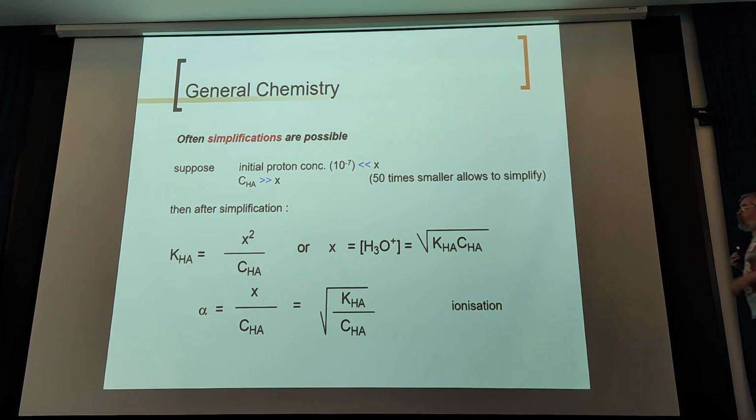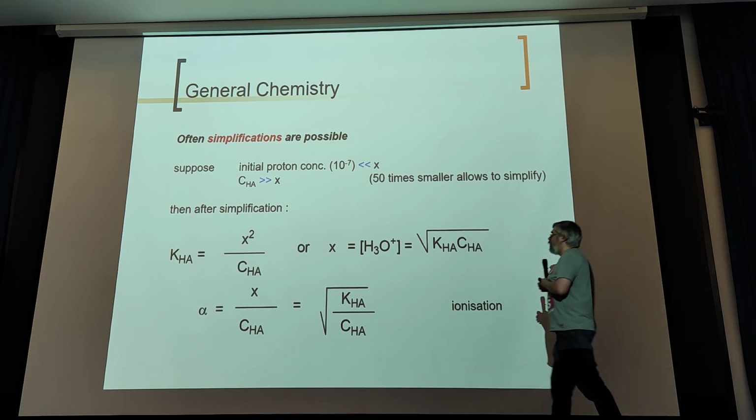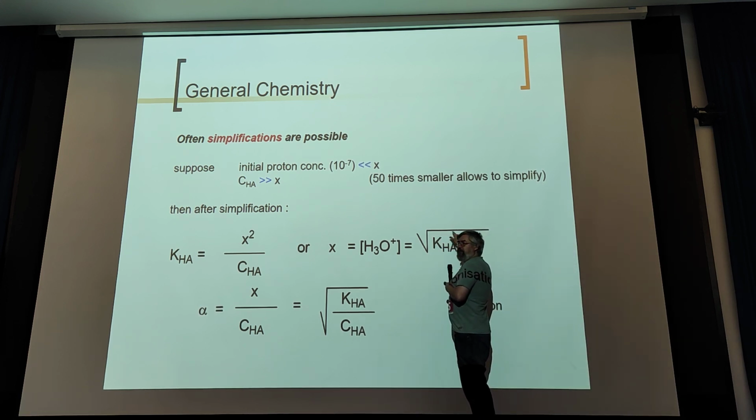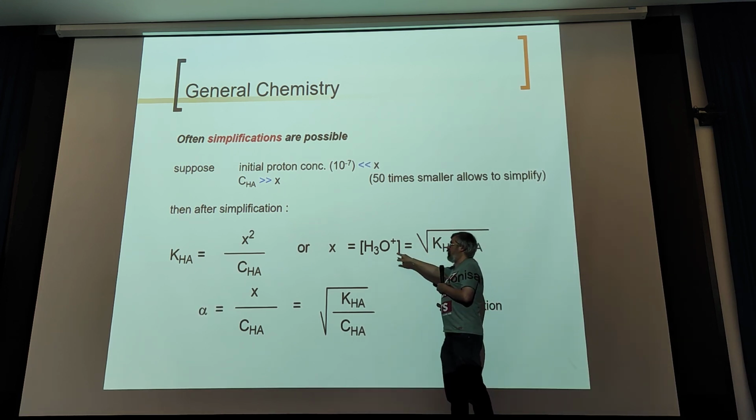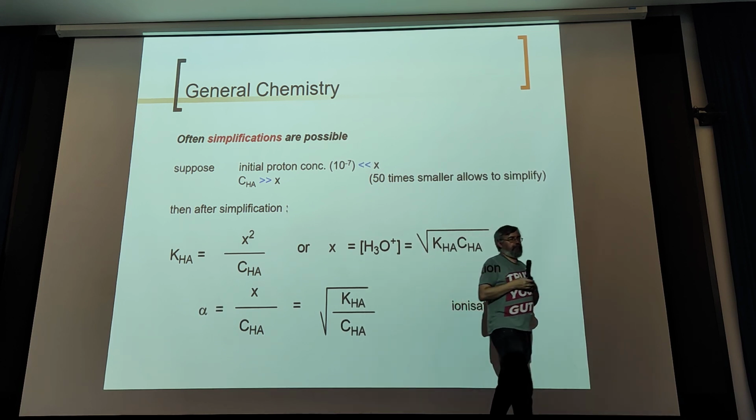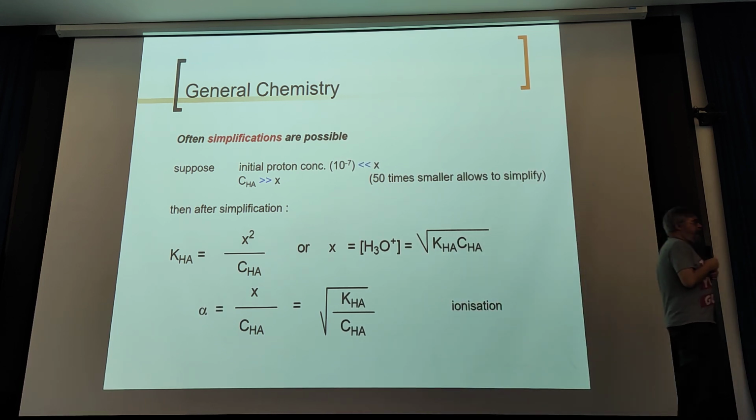That means we take the square root to arrive at the proton concentration. And this proton concentration, if we then take the negative logarithm, we have the pH. So from that, these are the stepwise methods to determine the pH of a diluted solution of weak acid.